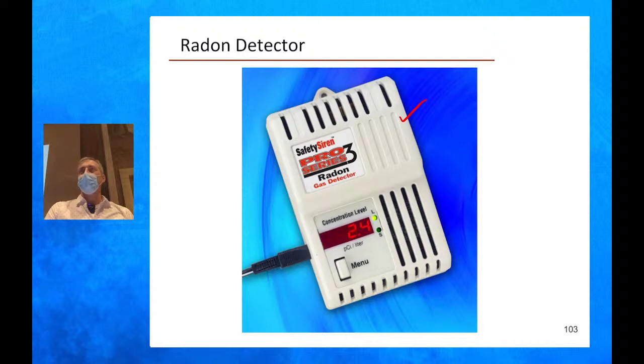This will measure radioactivity of the air and go off if the radon levels are too high. If that's the case, you would want to install some sort of air exchange system to prevent radon levels from building up to a high level where it could be dangerous.